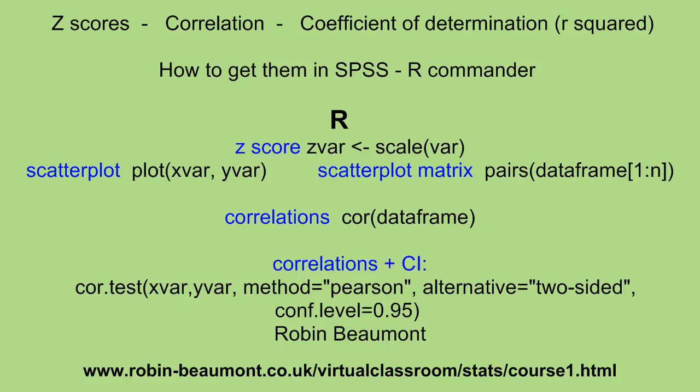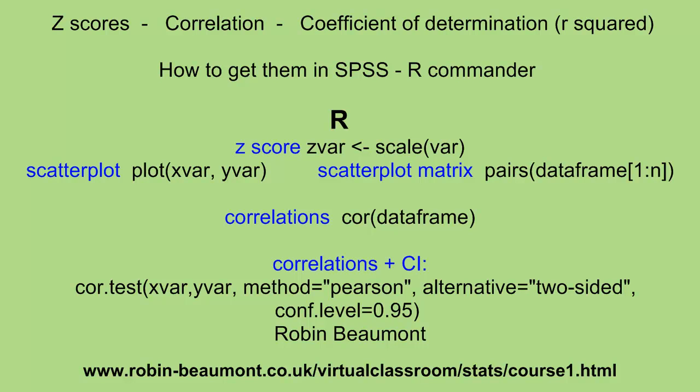Specifically in R, we looked at the z-score function, which is scale. We looked at scatterplots. We didn't look at a simple scatterplot, which is just using the plot command. We looked at the more complicated scatterplot matrix command called pairs, where we could specify certain vectors within a data frame to use in the scatterplot matrix.